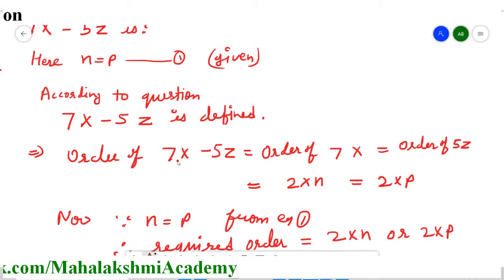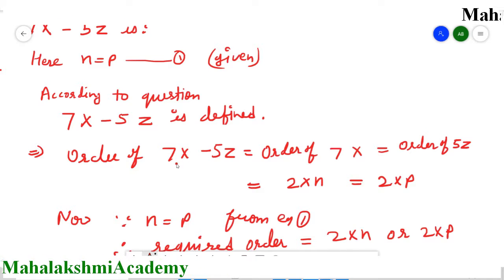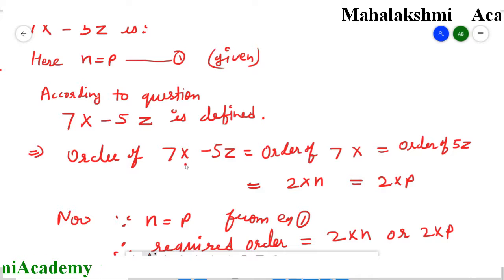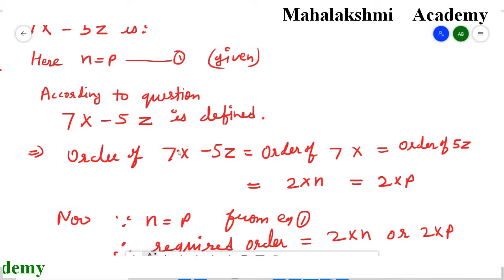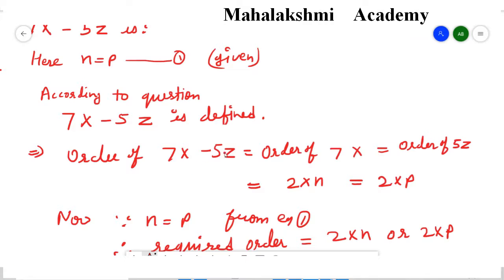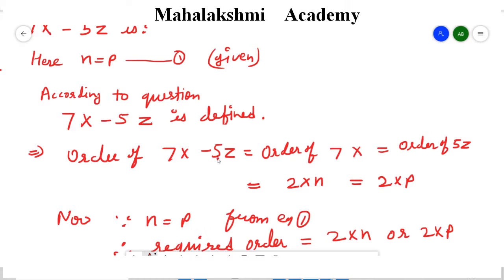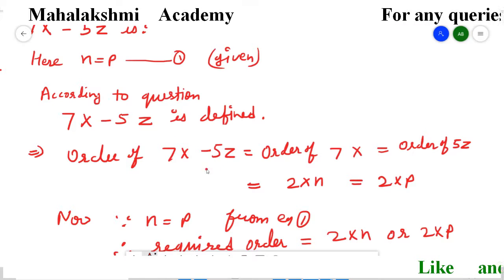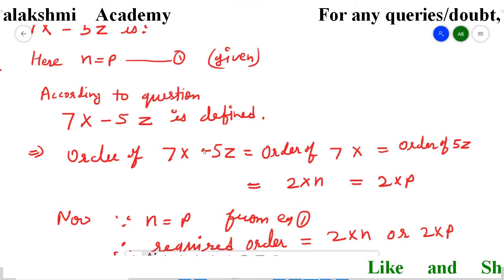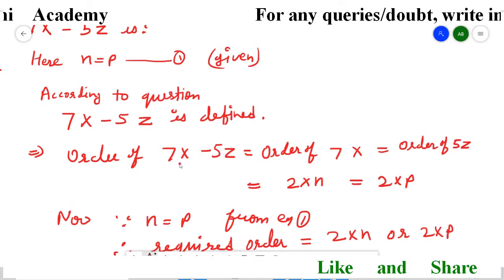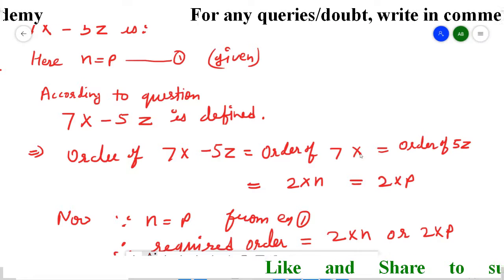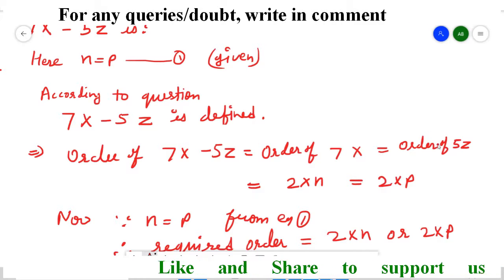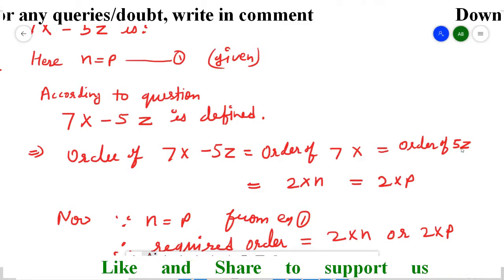firstly, two matrices are in subtraction. Two matrices in subtraction means their order must be the same. That means the order of 7x must be the same as the order of 5z. So the conclusion is, after finding the difference, whatever matrix we get, that matrix's order is the same as the order of 7 multiplied by x, and that is again equal to the order of 5 multiplied by z.